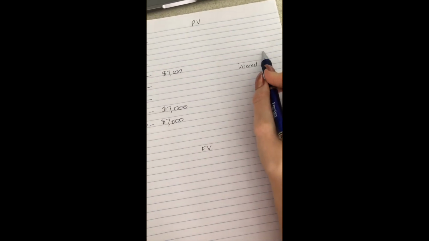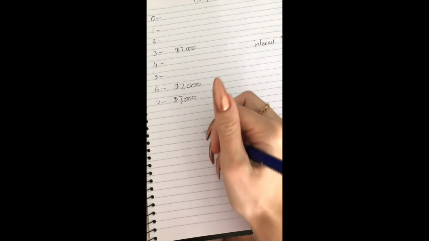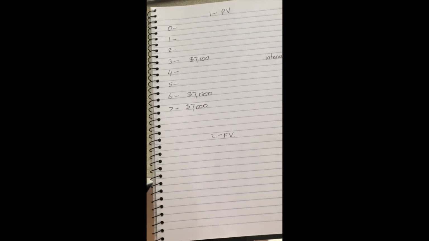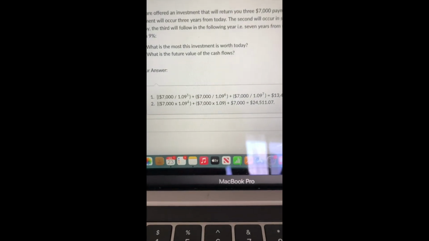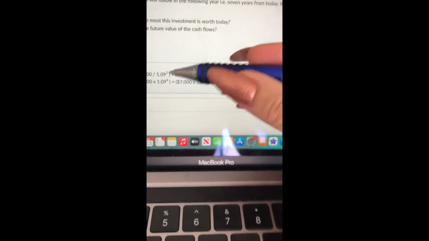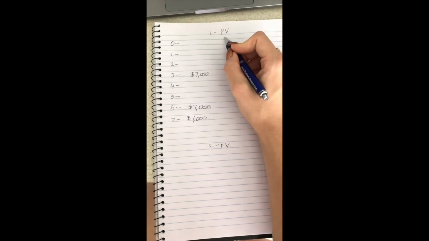Question 1 is asking us what is the PV, and question 2 is asking us what is the future value. I'm not going to show you the minutiae of exactly calculating it, because if we look at the answers, it's all here for us. We know how to do that. What I'm going to show you is how we're getting these numbers, and this is why drawing up the timeline is essential.